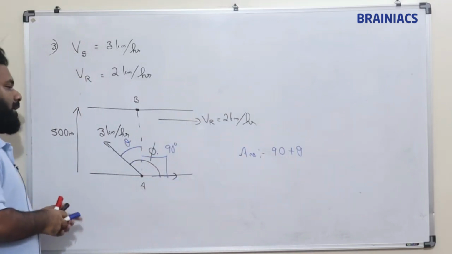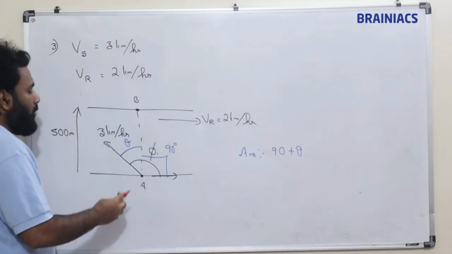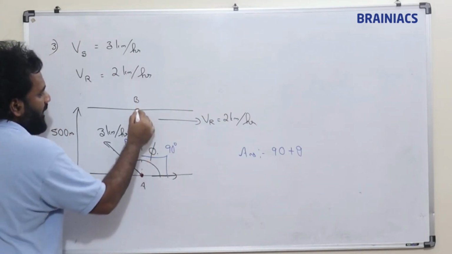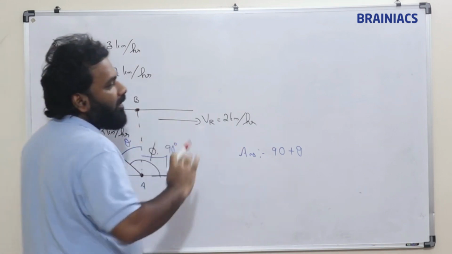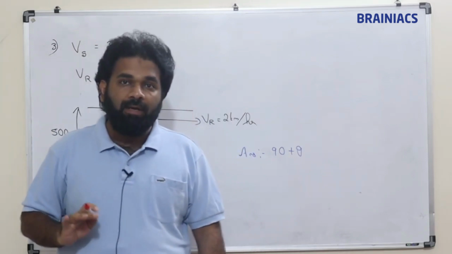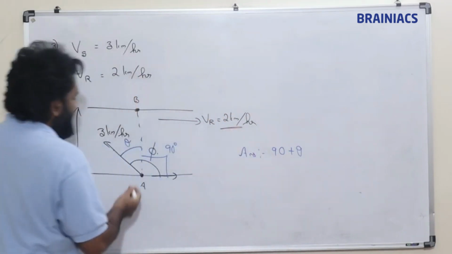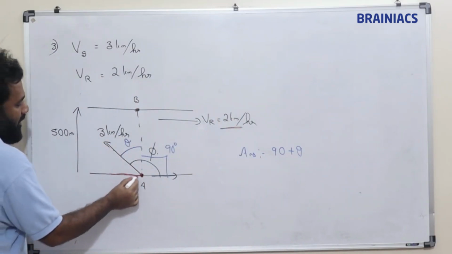Clear? Now to solve this problem, for the swimmer to start from here and reach the exact opposite point, there should not be any horizontal component. This must be cancelled with this component of the swimmer velocity.